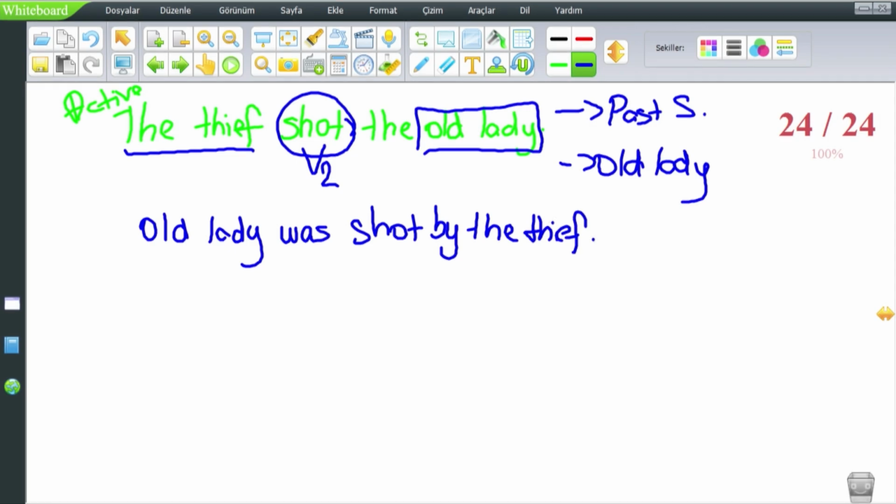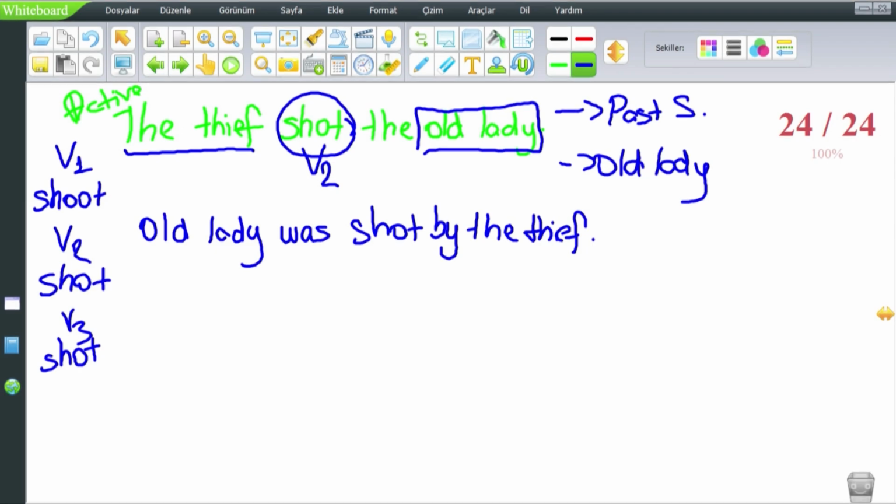Now my verb actually didn't change. Why? Because shoot is an irregular verb. Verb 1 form, shoot, verb 2, shot, and verb 3 also shot.